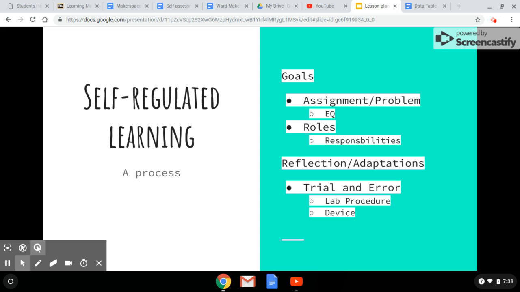It's a process of trial and error, all within the device itself and even within the lab procedure. So for them to have the mindset of creating goals, and if it doesn't work the first time, to go back and reflect and change things is just part of that self-regulated learning. And I think that's just as important as designing the device as it is to go through the process of learning how to do that.